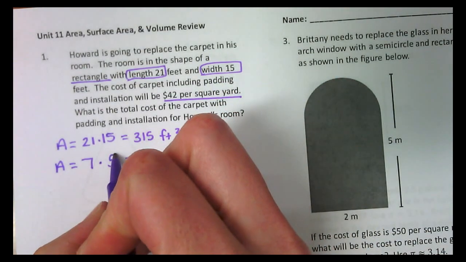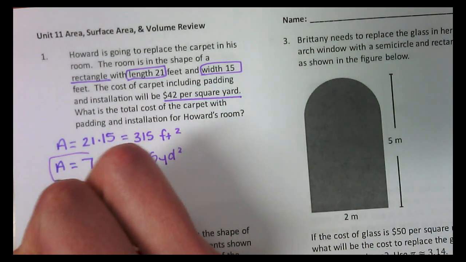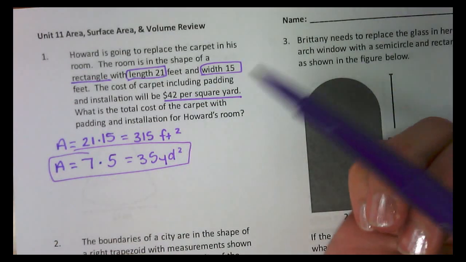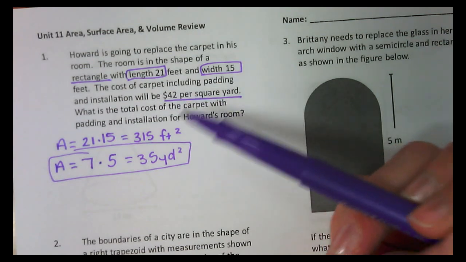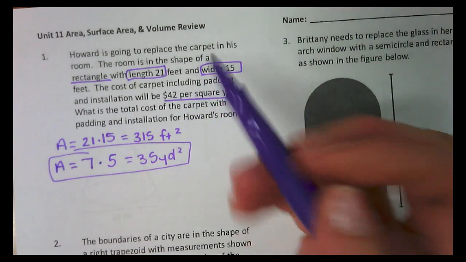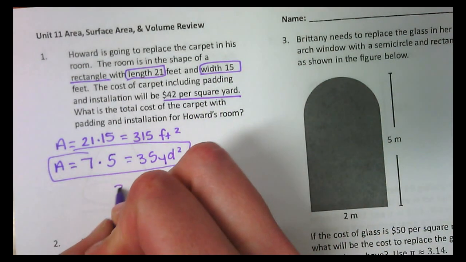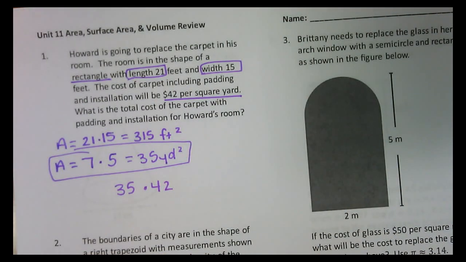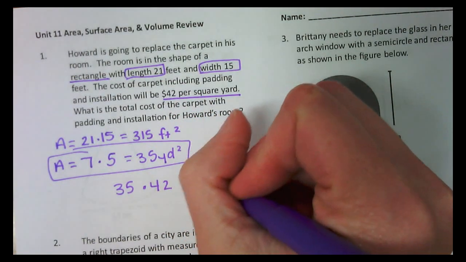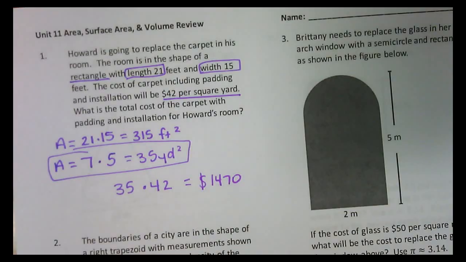If you're not sure how I did that, we just divide by 3 because there's 3 feet in every yard. So $42 per square yard means I'm going to have to take my area and multiply by 42. So 42 times 35 gives me a total cost of $1,470.